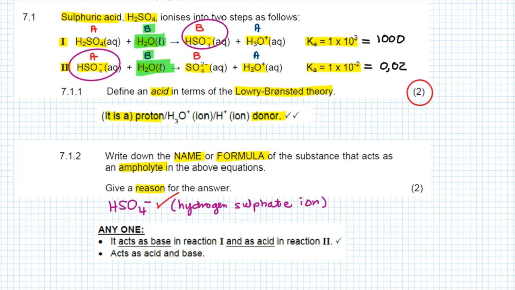And the reason why we are saying that this is the ampholyte in the above equations is that it acts as a base in reaction number 1, and it acts as an acid in reaction 2. This will get you a mark. If you instead just said it acts as an acid and a base, you will also get your mark for the reason. And this gets you your 2 marks for question 7.1.2.